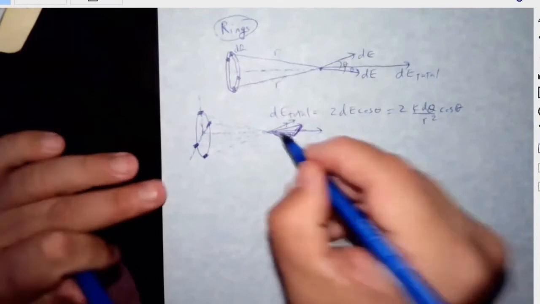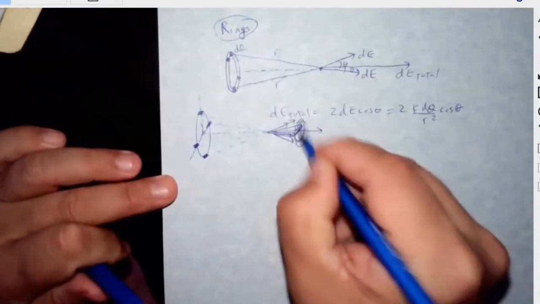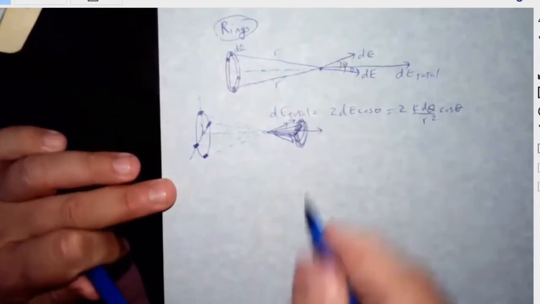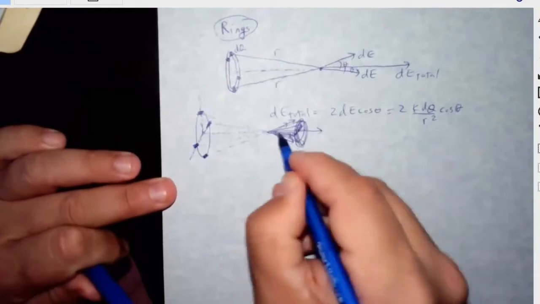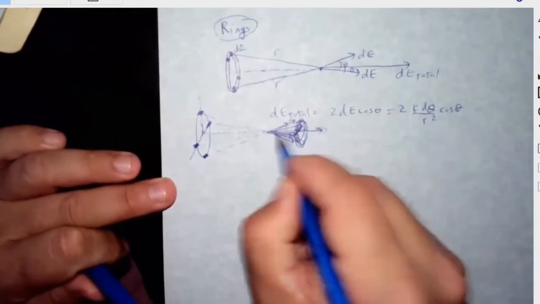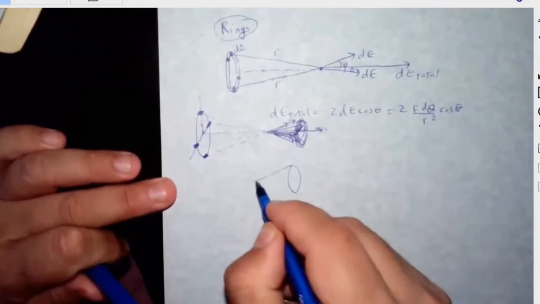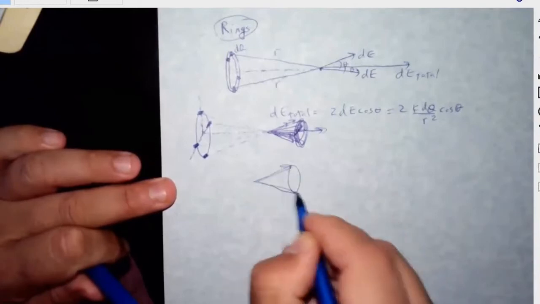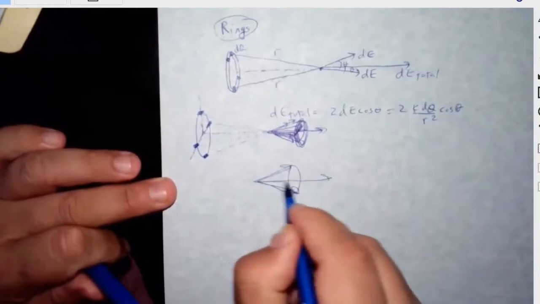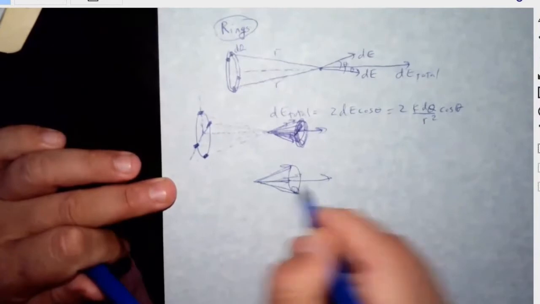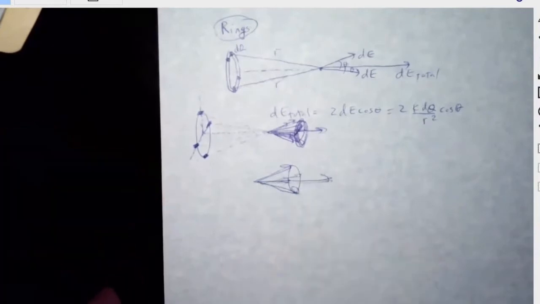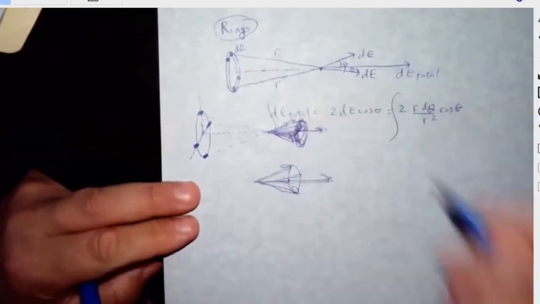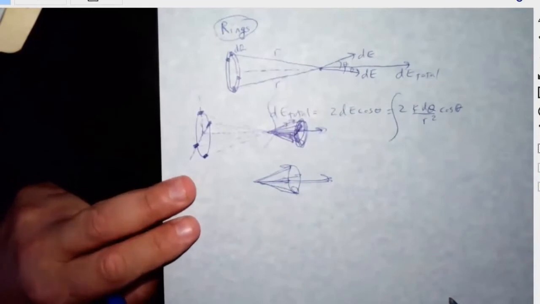It doesn't matter what plane you do. It's almost like a cone that you're getting. This and that gives you that, this and that. This part of the cone and the other part of the cone gives you this, and so on. So then when you integrate this, actually nothing is integrable.